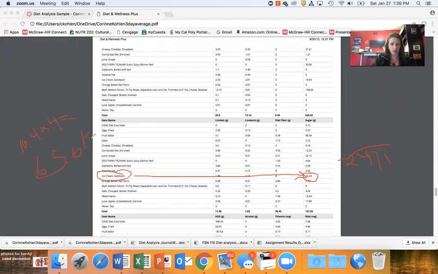Excuse the writing here. We're going to take this 65.6 calories, divide it by my total calories for the day, multiplied by 100, and we are going to get 2.6%. So that's how you do the sugar analysis part of this.